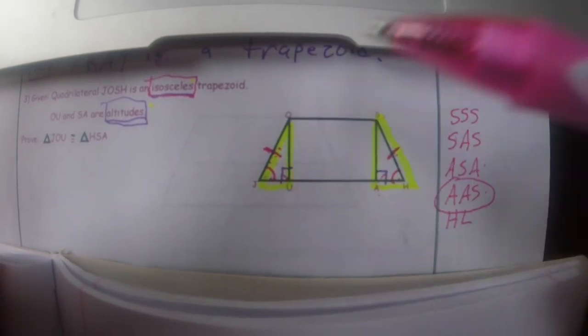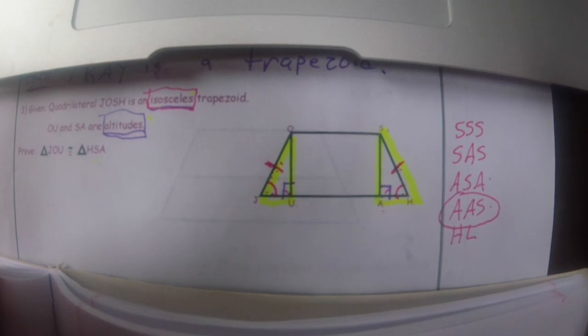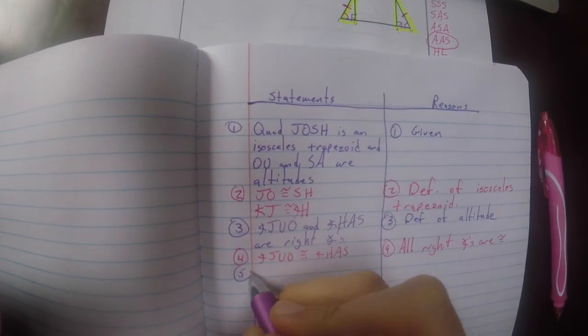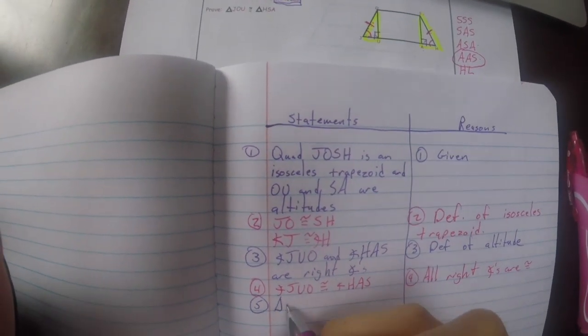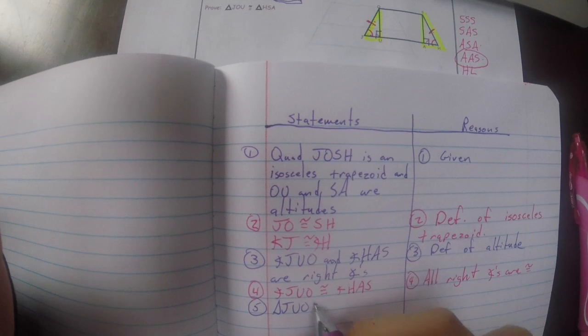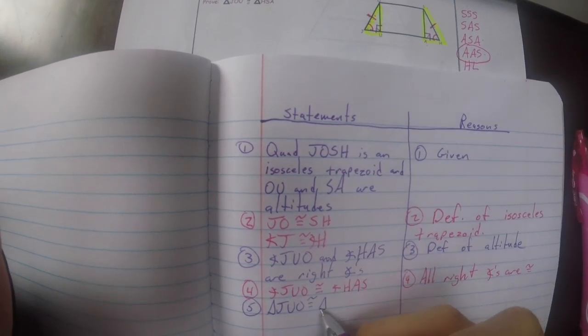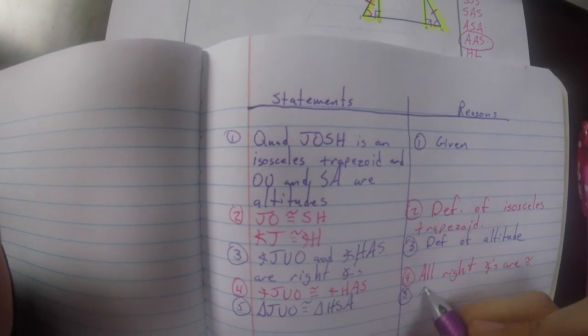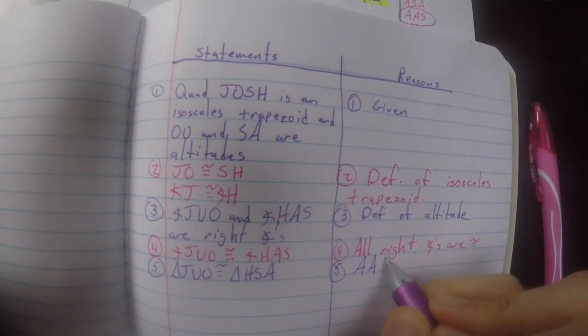And that's the last line of our proof. Last but not least, triangle JUO is congruent to triangle HSA. And the reason is definitely angle, angle, side.